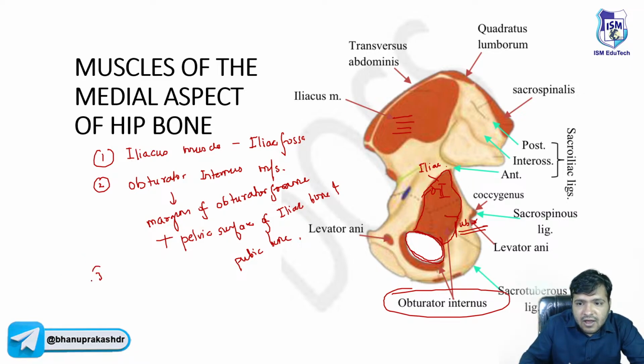Remember beta, the third one that you have to remember is the levator ani muscle. Levator ani muscle, very important muscle.